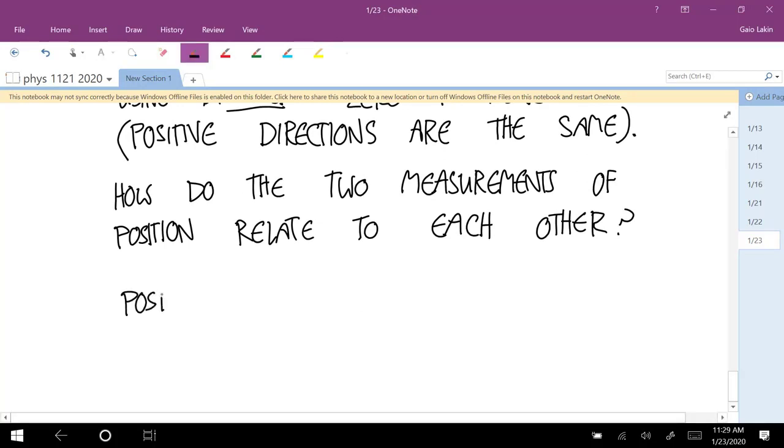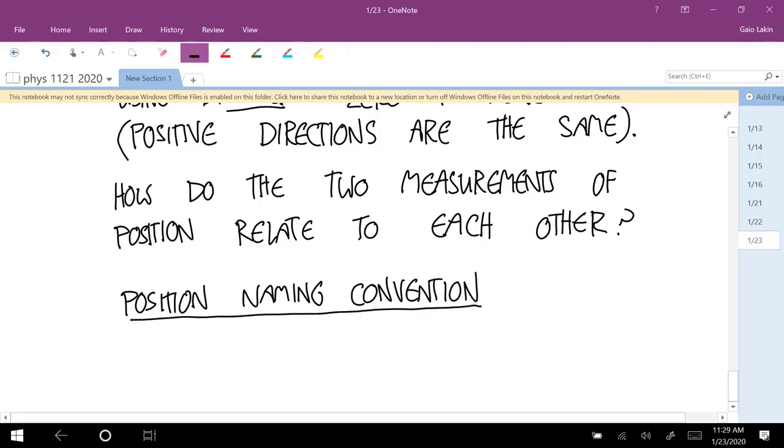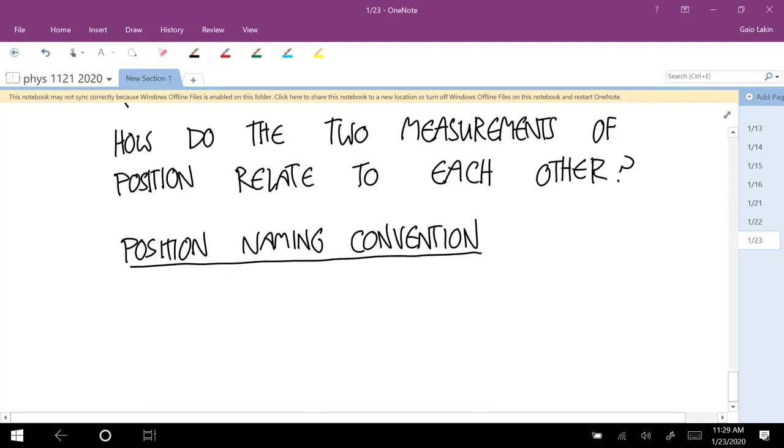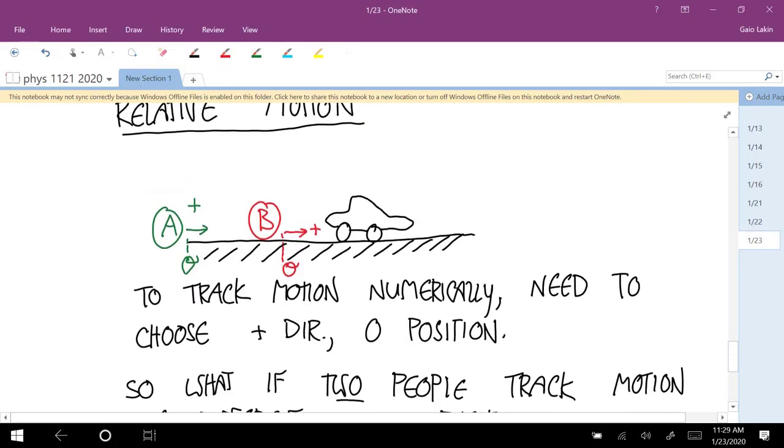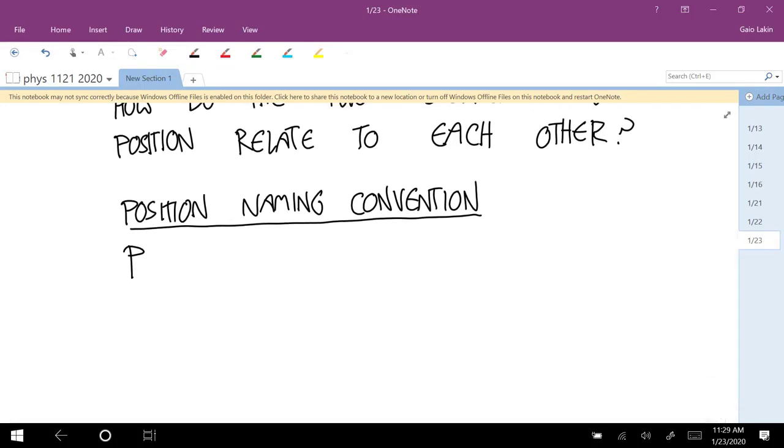So the position naming convention we're going to use is that the position of, well, it's a car, so I'm going to call it C for car.